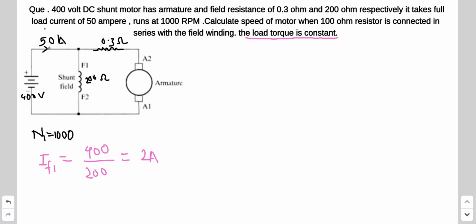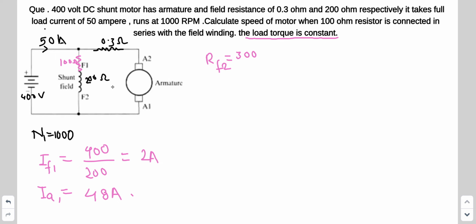Now we know that our total current is 50 ampere, so armature current IA1 will be 50 minus 2 ampere, which is 48 ampere. Now a 100 ohm resistor is connected in series with the 200 ohm, so the field resistance RF2 becomes 300 ohm.